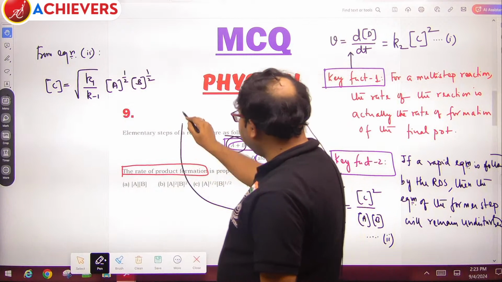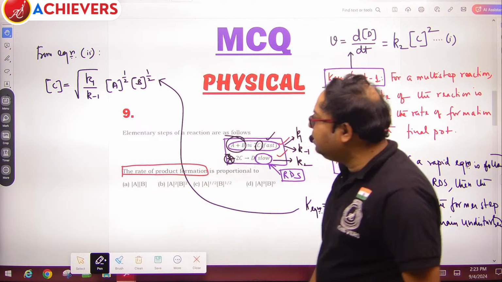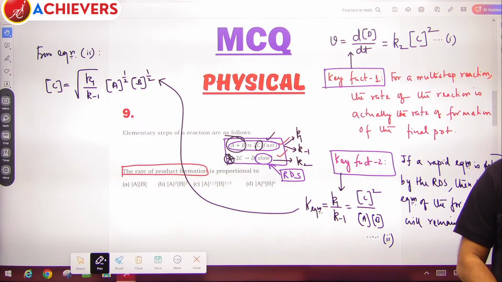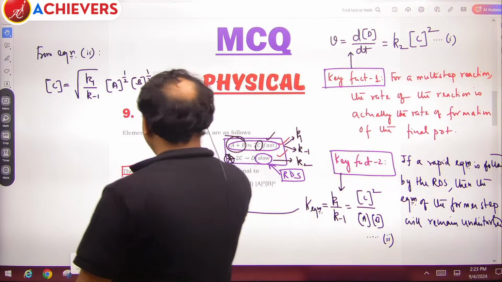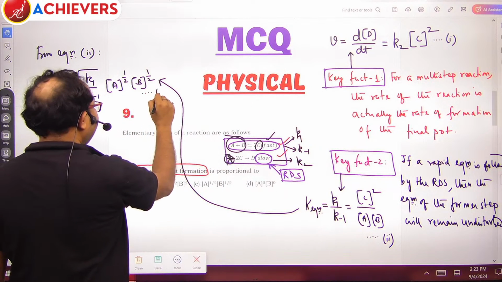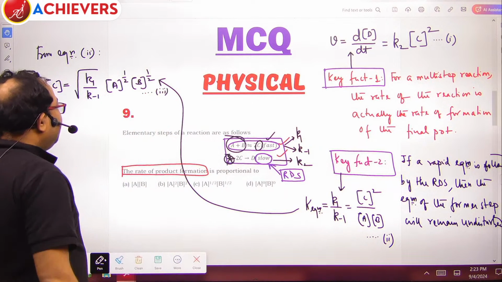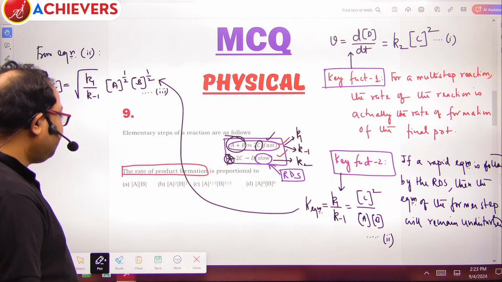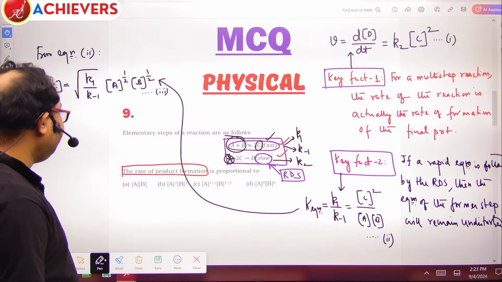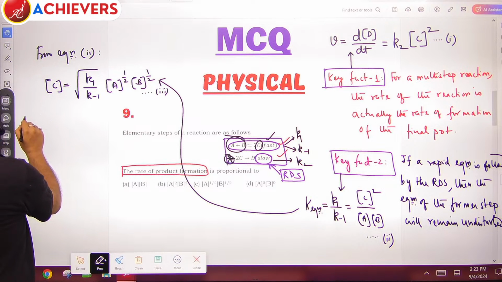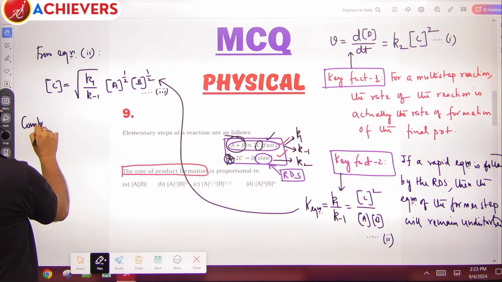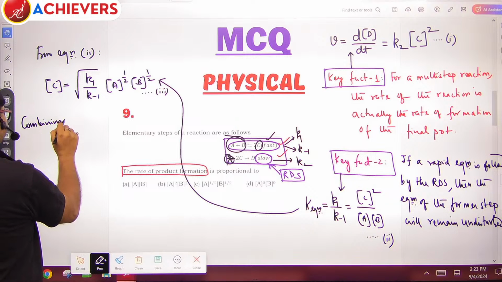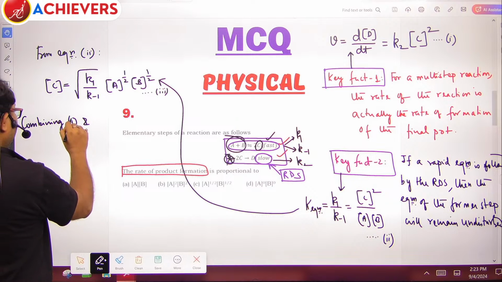This expression is quite evident from equation 2. So this is my equation number 3. Now you have to combine equation 1 and equation 3.